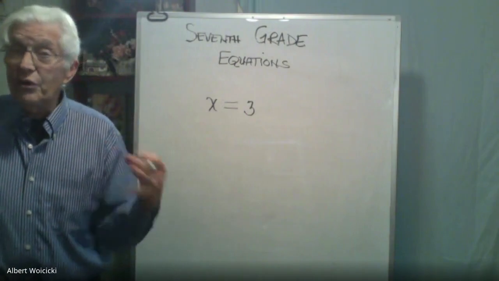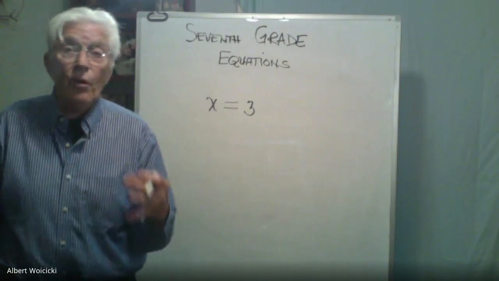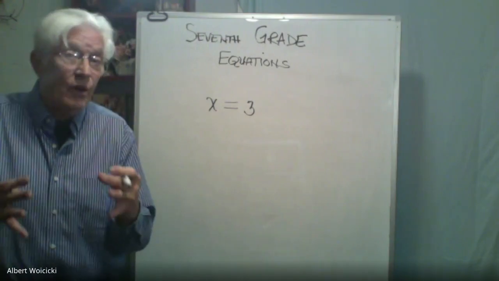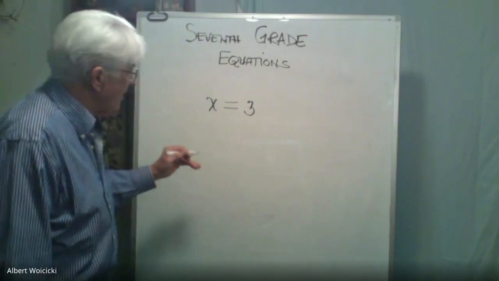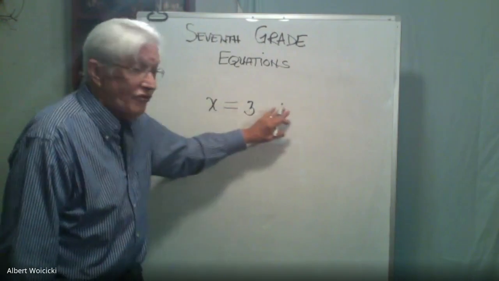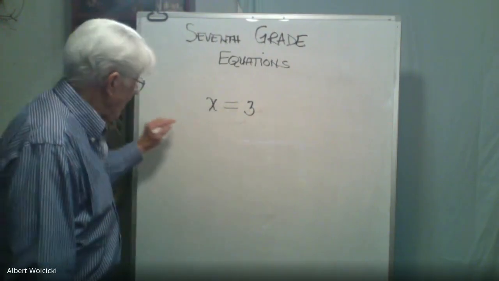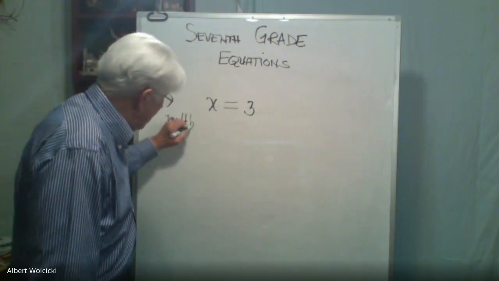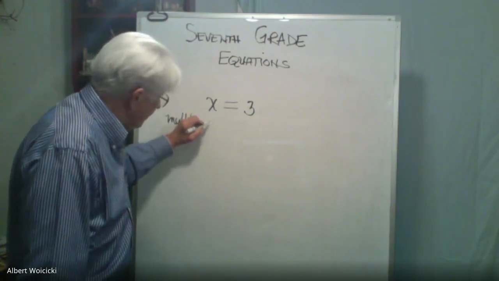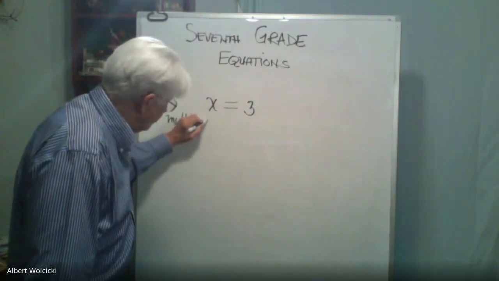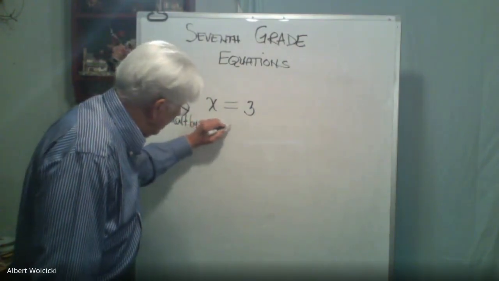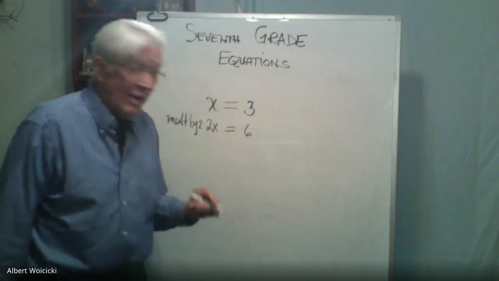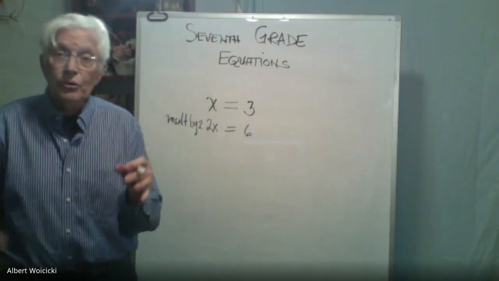So we're going to do something to both sides of the equation, and that's going to change the equation. So I'm going to start by multiplying both sides by the same amount. This time I'm going to multiply by 2. So I end up with 2x equals 6 when I multiply by 2.